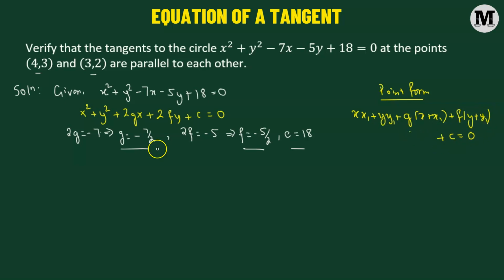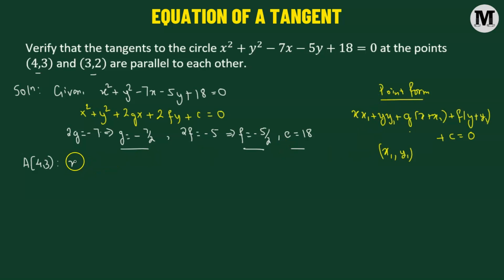This g, f, and c are the same as those in the equation of the circle. Here (x1, y1) is the point at which the line is tangent to the circle. So if we consider our point A having the coordinates (4, 3), we can use the point form to determine the equation of the tangent line.